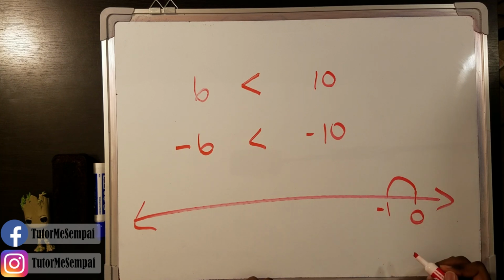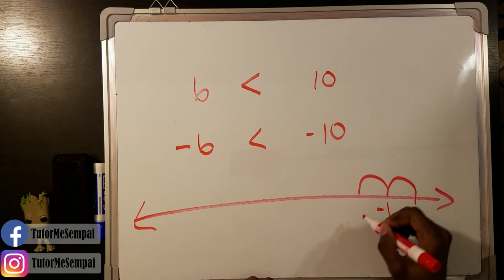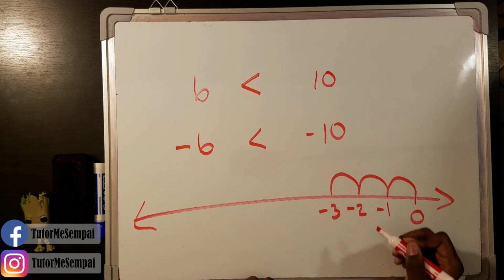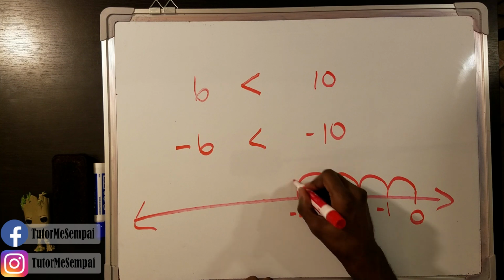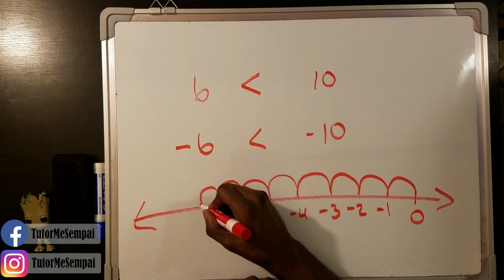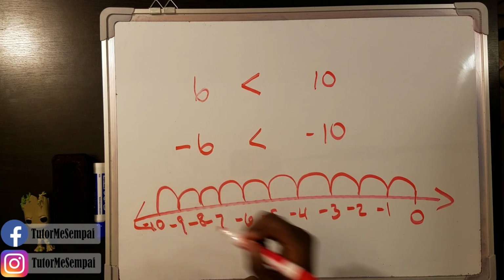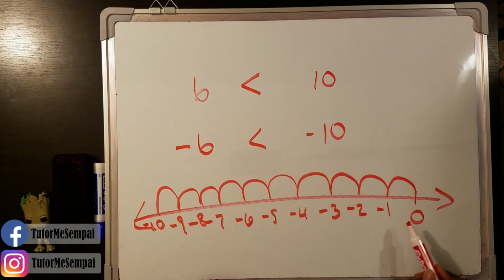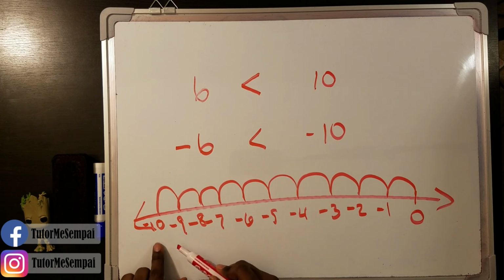We get -1. Let's say we go another spot. -2. Another spot. -3. And we keep doing this. And -10. So as we're getting more and more negative, we're going more and more to the left, you see how the numbers seem like they're getting bigger, but they're really getting smaller, right?